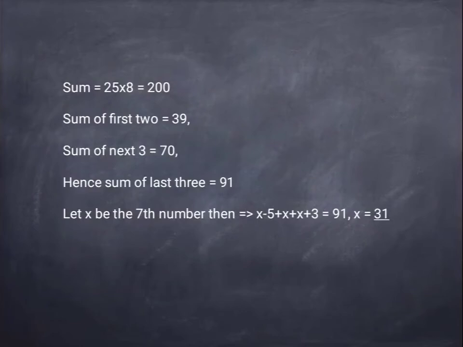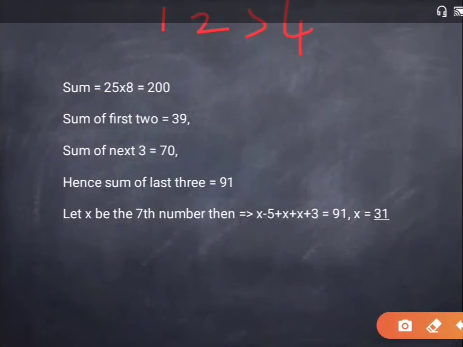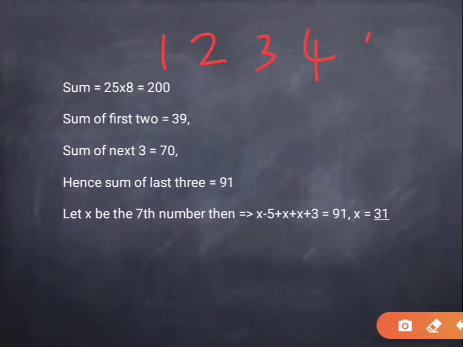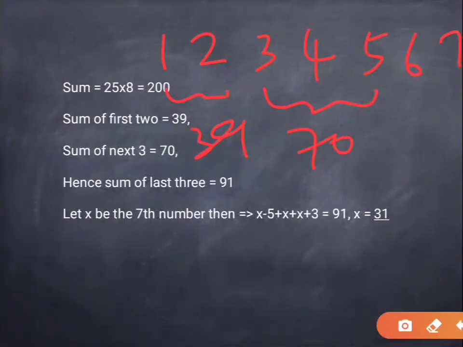So we have the sum of all the 8 numbers as 200, sum of first 2 as 39 and sum of next 3 as 70. Then this is 39, this is 70 and all of this is 200.